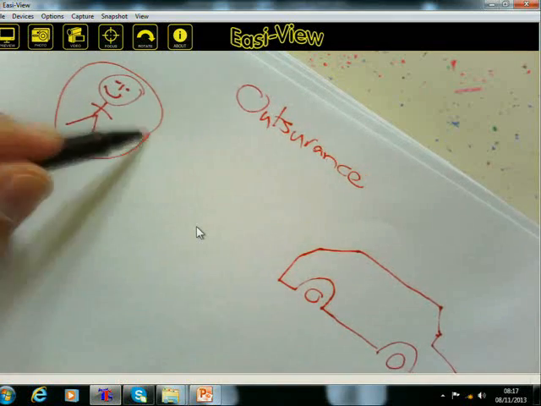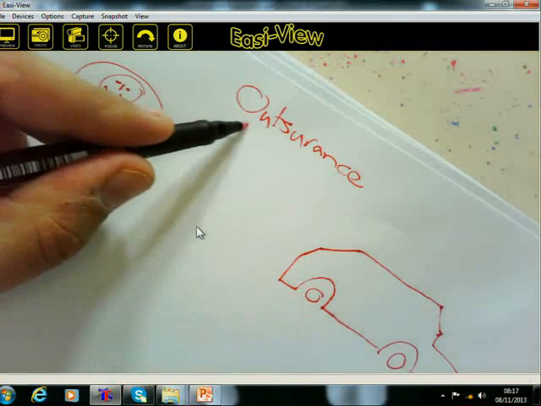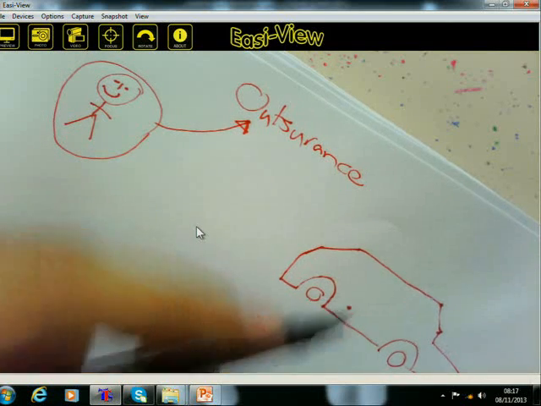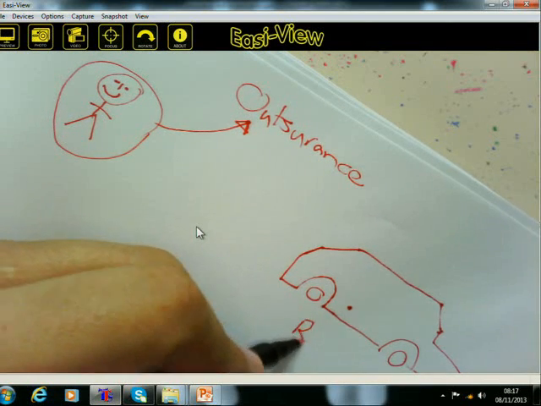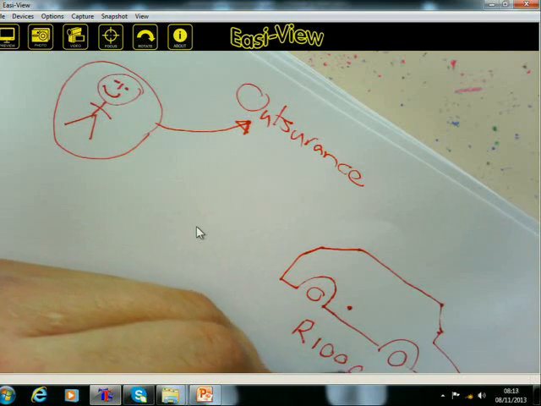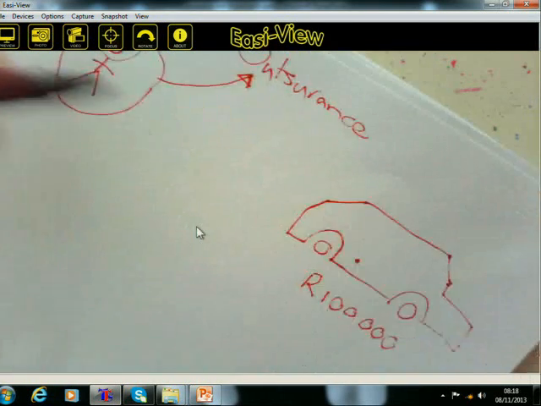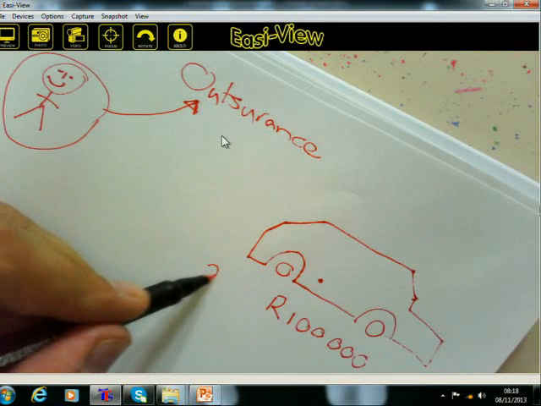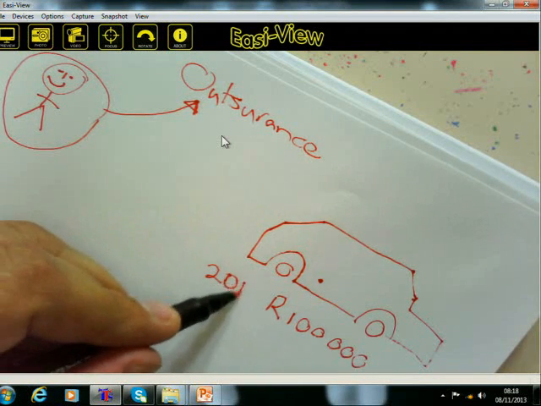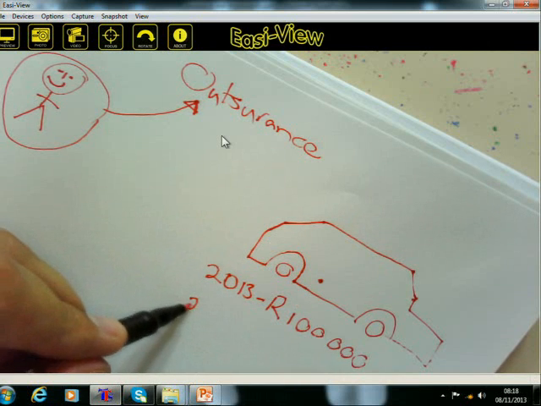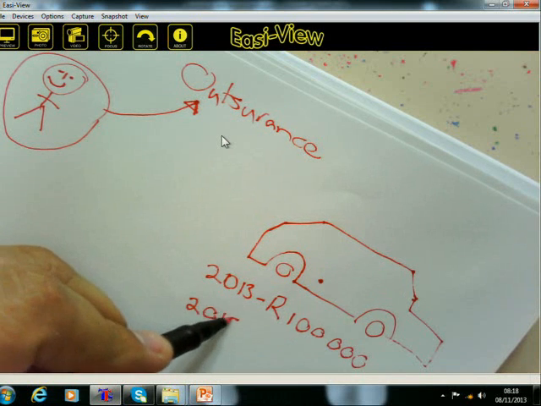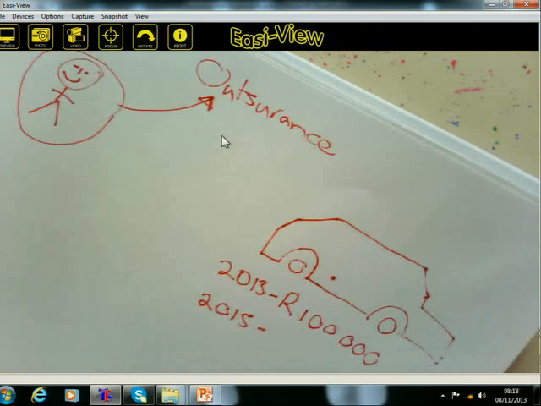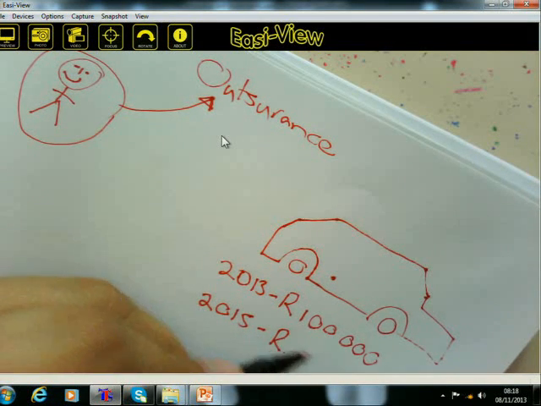This individual, which is you, will pay a premium to our insurance for driving your own vehicle. If you bought this vehicle for 100,000 rand, this vehicle will be worth 100,000 rand today, let's say in 2013. But in 2015, if you would want to sell this vehicle, it might only be worth 80,000 rand.